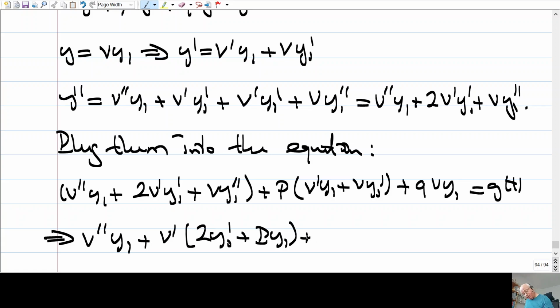And then I have the v terms. What are the v terms? y1 double prime plus p times y1 prime plus q times y1, equals g(t).